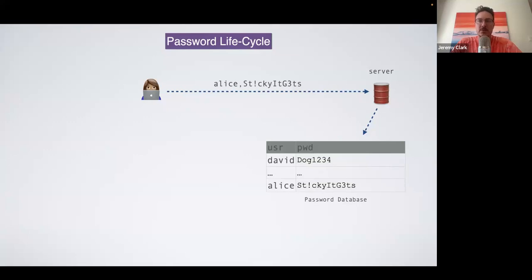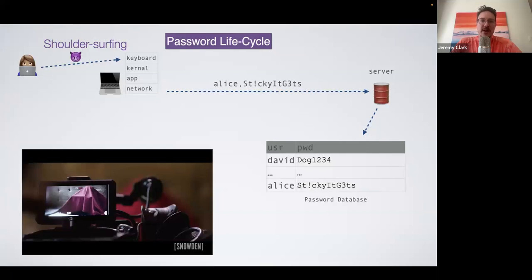And the server will go in the database and do a comparison between the password that's being supplied and the password that they recorded. And if the passwords match, then it's considered the same user. And if they don't match, then it throws an error message of some sort. And then the user might be able to try again, or they might get locked out. There's different things that you can do in response to that.